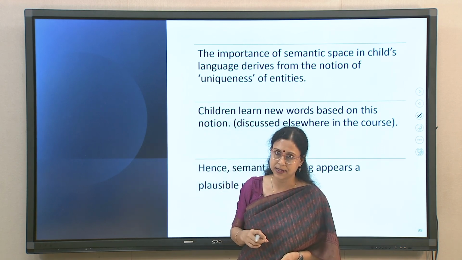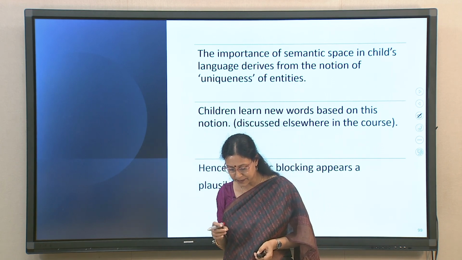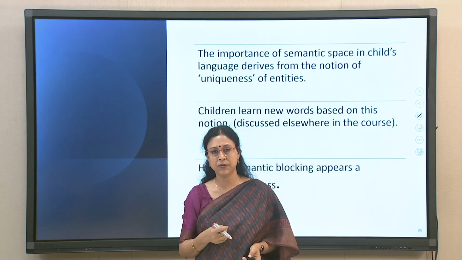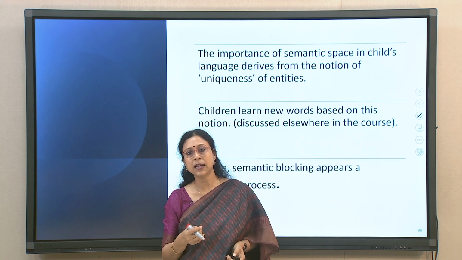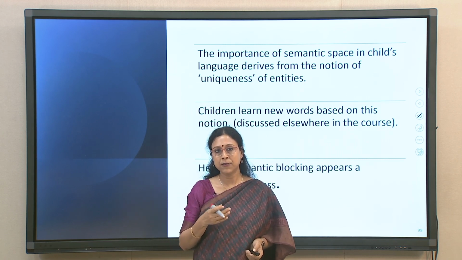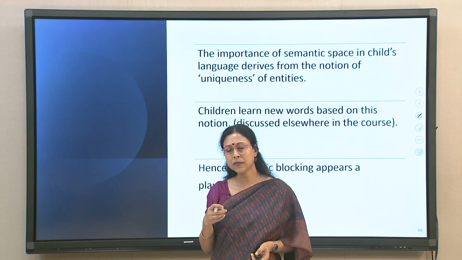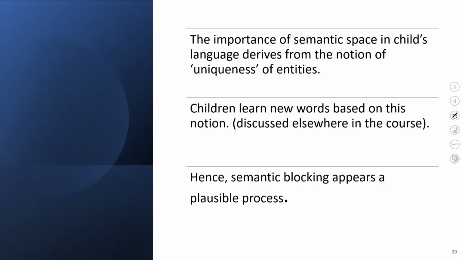Now, semantic space is a very important concept in children's language acquisition, because the acquisition of words is often based on the notion of uniqueness of entities. You learn a new word when it refers to a new, unique entity, not one that you have already learned before.